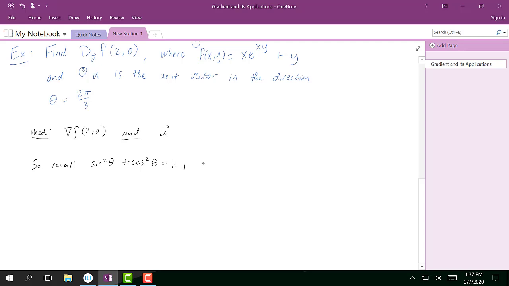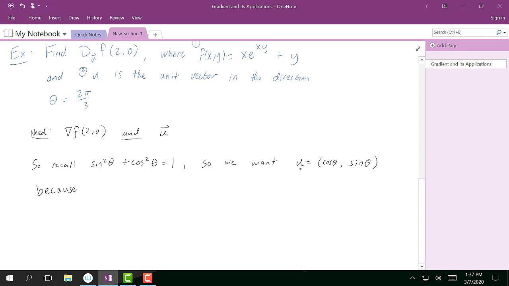And so what we want is a vector u that has components cosine theta and sine theta. The reason being is because we said that we want u to be a unit vector, and something's going to be a unit vector if its length is 1.